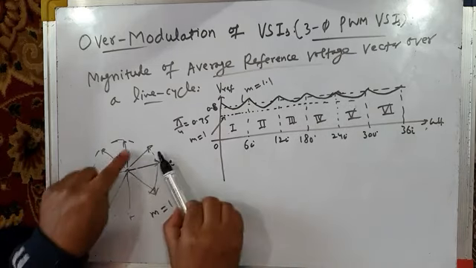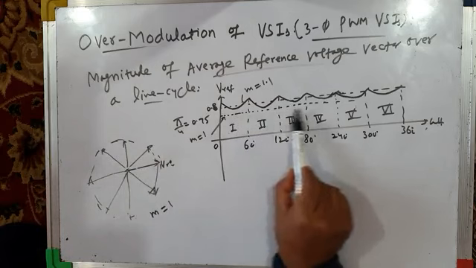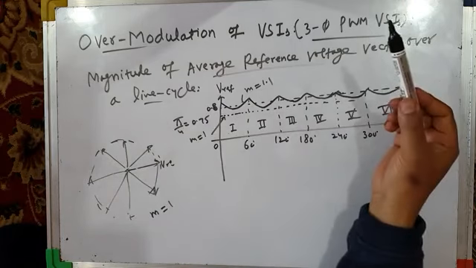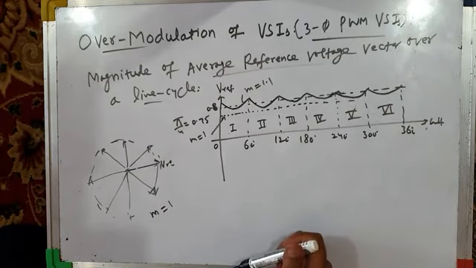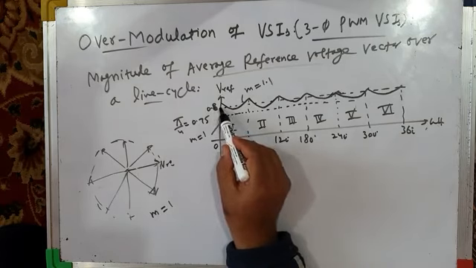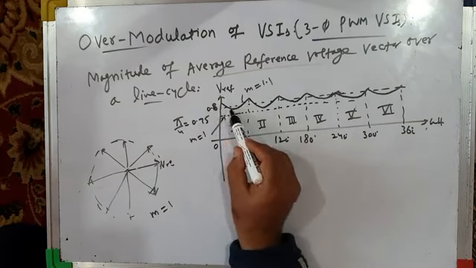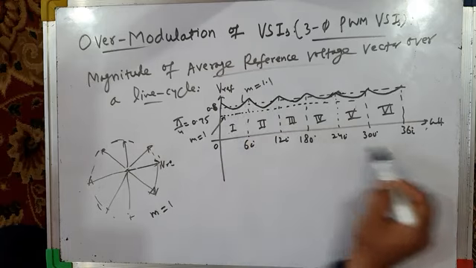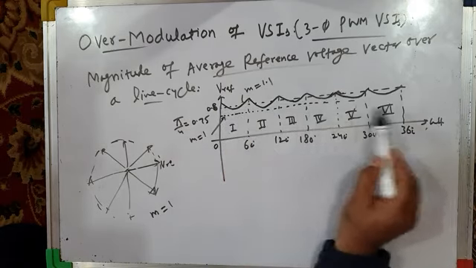But as soon as you operate your inverter in over modulation mode, your rotating reference vector's amplitude increases. Its average value is 0.8, but in a line cycle it is not constant like this.